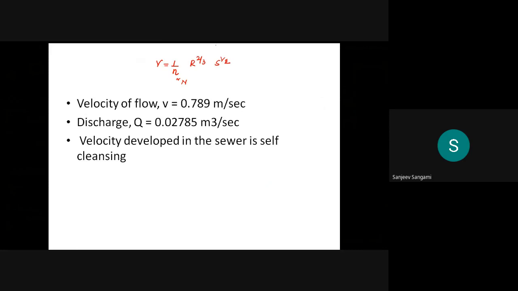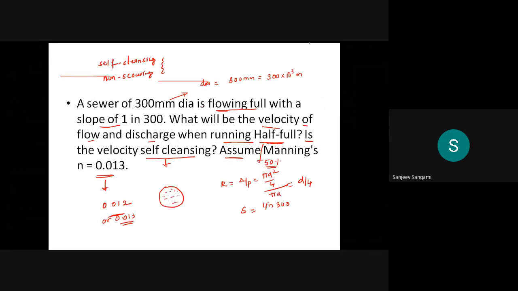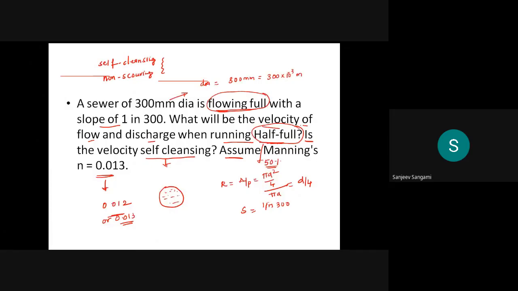When he asks what the velocity of flow and discharge will be when it is running half full, many students will get confused with this. They will directly take it as pi d square by 4 and will not consider this half full.